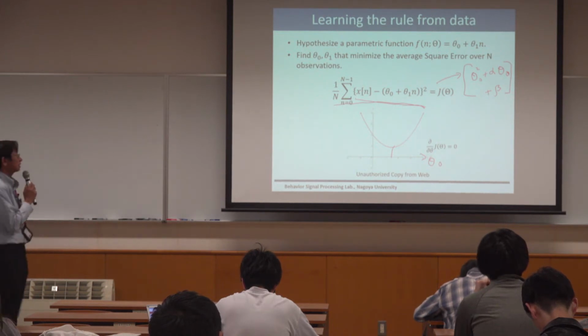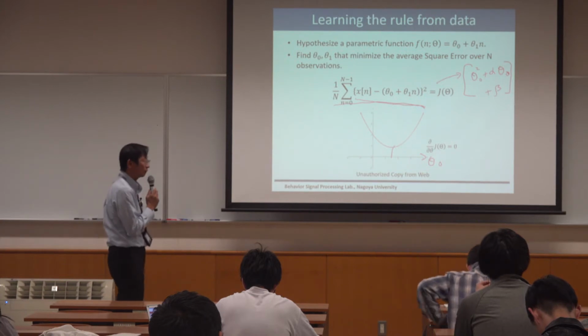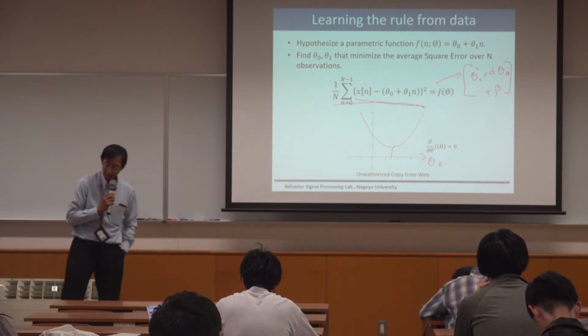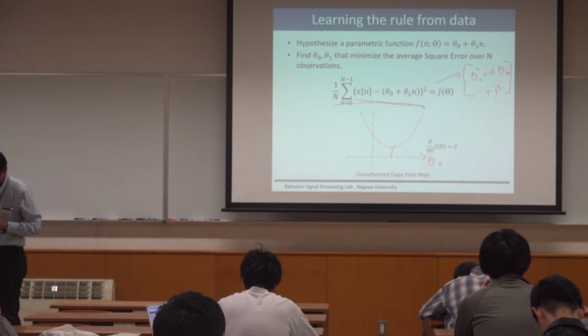And of course, the same thing can be done for theta 1, but in that case, it is a little bit different from the easiest case, theta 0, I mean.